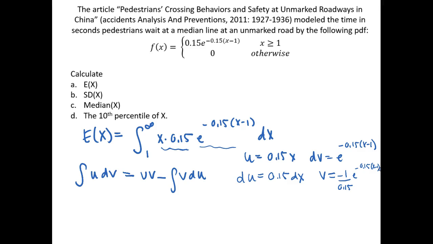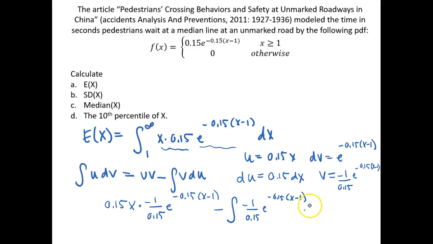Now we've set up our u's and v's, and we can do the integration by parts, which is equal to uv, which is 0.15 x times v, which is negative 1 over 0.15 e to the negative 0.15 x minus 1, minus the integration of v du. So v in this case is negative 1 over 0.15 e to the negative 0.15 x minus 1 times du, which is 0.15 dx.